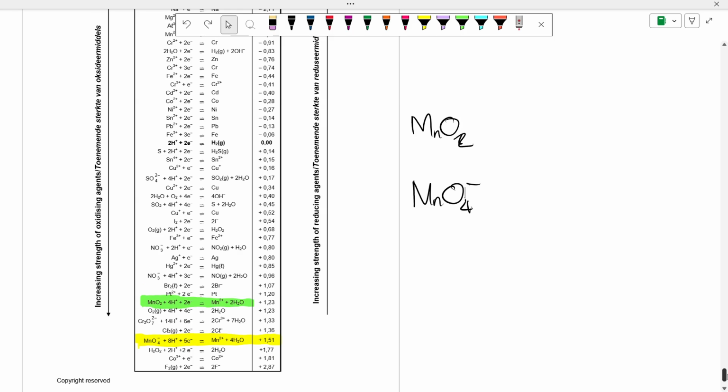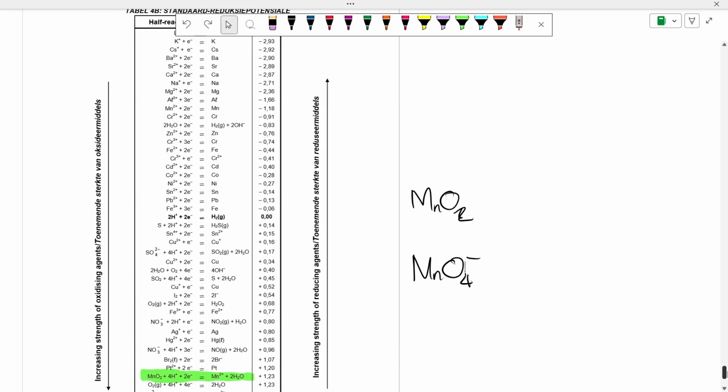Then the zinc, and we can also have questions on the zinc. Let me just highlight the half reaction that includes zinc. Help me find it by telling me the numbers here, if you can spot them. Negative 0.76. Oh yes, there it is. Can anyone spot another zinc half reaction? Anything that includes zinc?